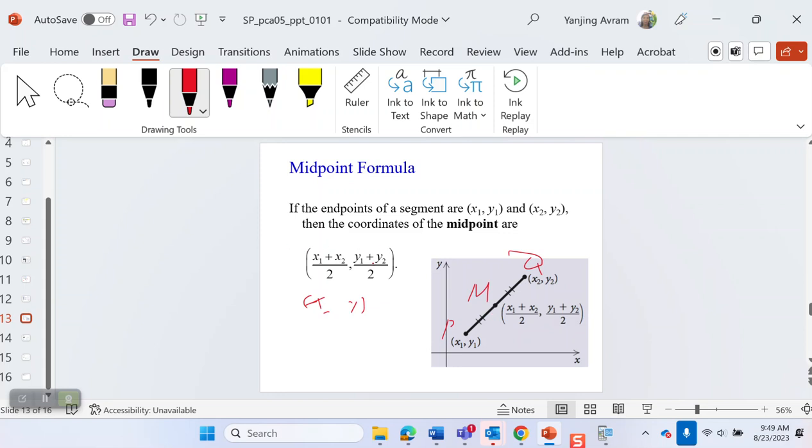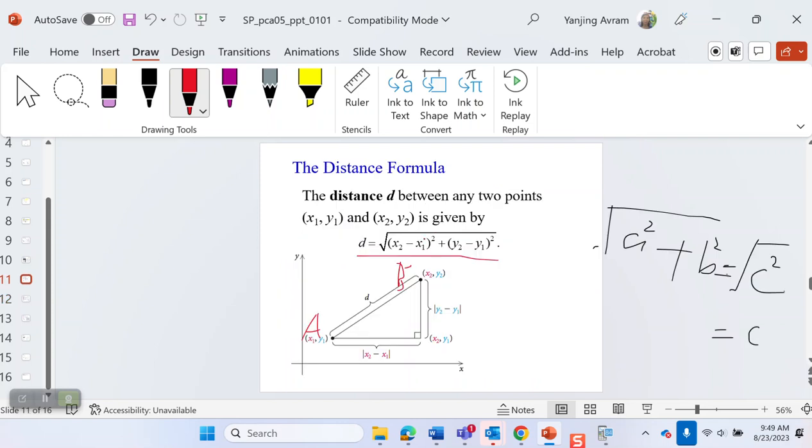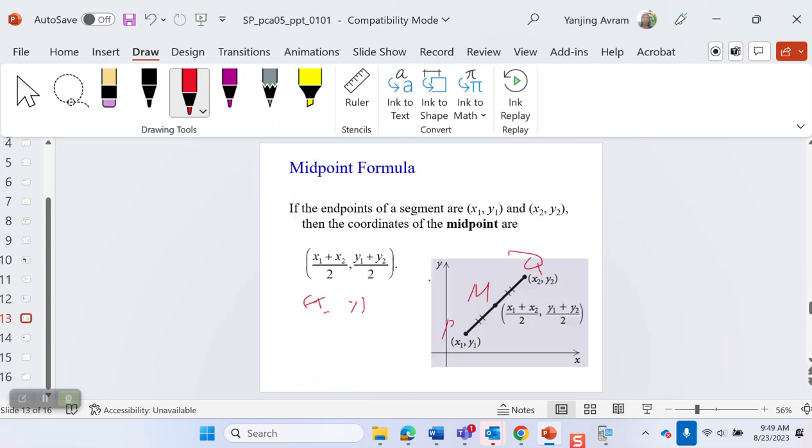Remember the midpoint uses addition. In the distance formula, the inside is subtraction, right? And you have to square them first before you take the square root, okay? The midpoint is much easier. You just add x1 plus x2 over 2 for the x, and y1 plus y2 over 2 for the y, okay?